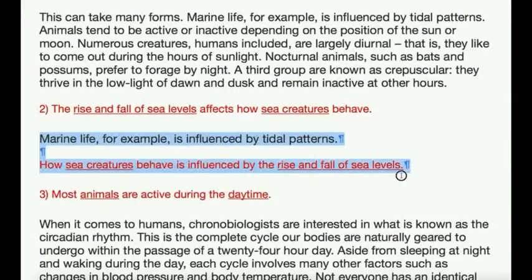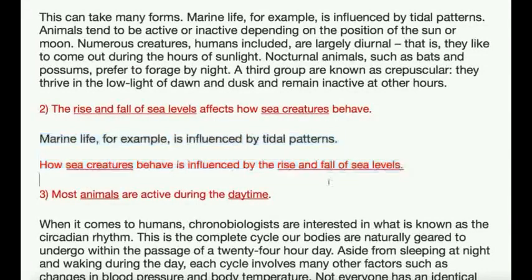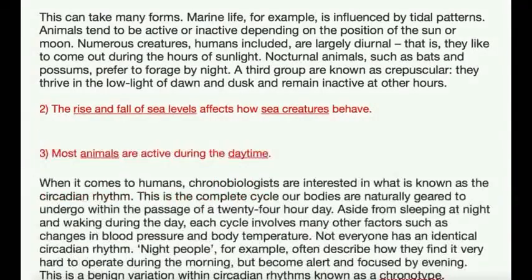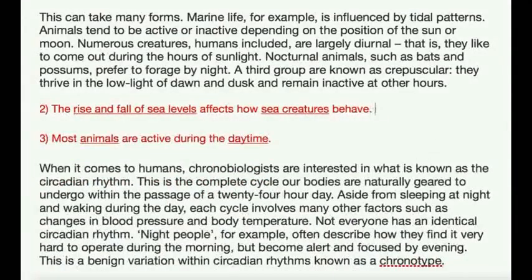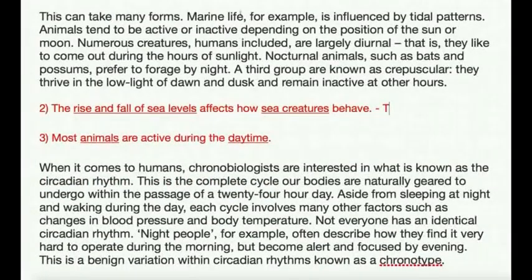You can see they're saying exactly the same thing. Marine life is influenced by tidal patterns. How sea creatures behave is influenced by the rise and fall of sea levels. So they are saying exactly the same thing. So this question, the statement is true.